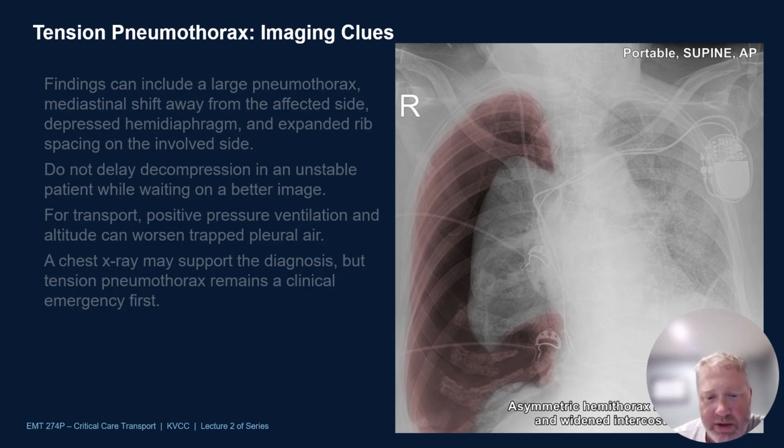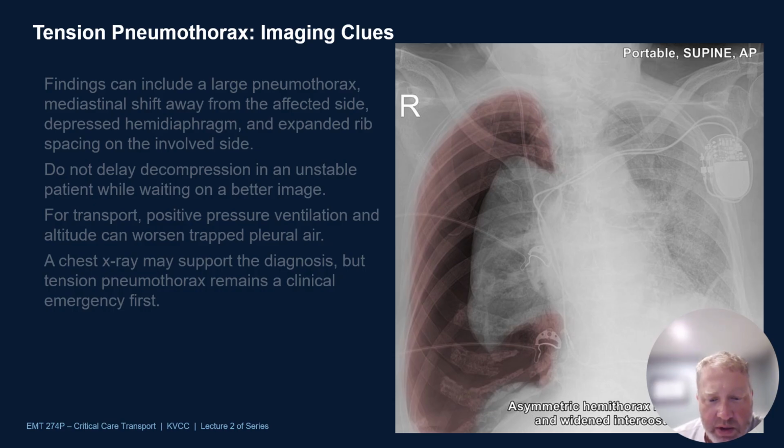If you get anything like this where you suspect a tension pneumo, err on the side of needle aspirating ASAP. Positive pressure during transport can really worsen trapped air, and also altitude on flights can really worsen trapped air.